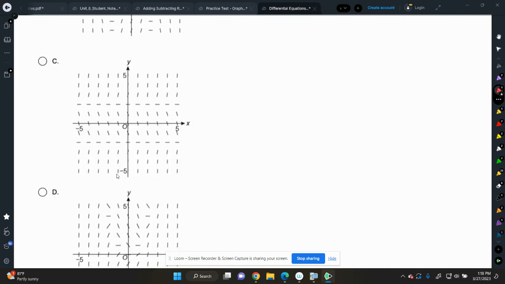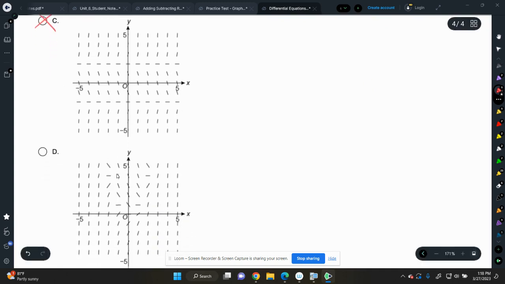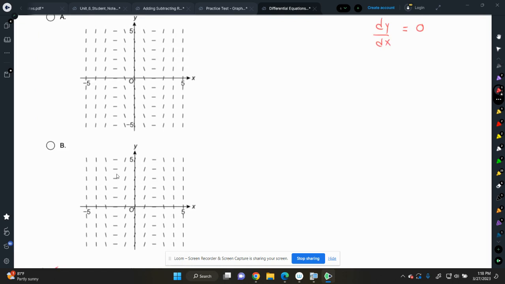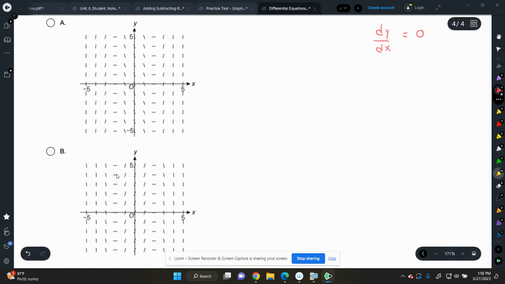How about C? No, C is not possible. How about D? No. When x is plus or minus 2, the slope is 0. If you look at A and B, when x equals 2, all the slopes are 0. It doesn't matter what the y value is. The slopes are 0. Okay?